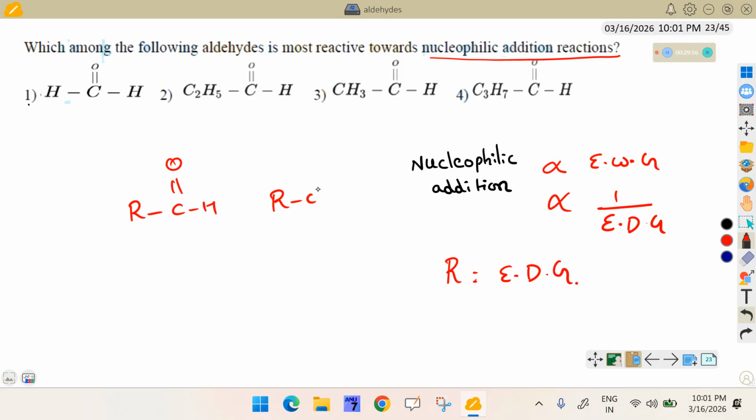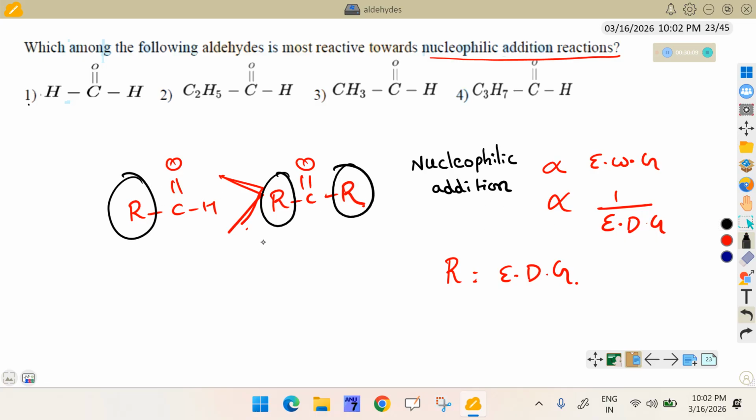Aldehydes are more favorable towards nucleophilic addition because only one alkyl group is present, but in ketones two alkyl groups are present. Among aldehydes, compare with formaldehyde. In formaldehyde, there are no electron donating groups. That's the reason formaldehyde is more reactive towards nucleophilic addition reactions.